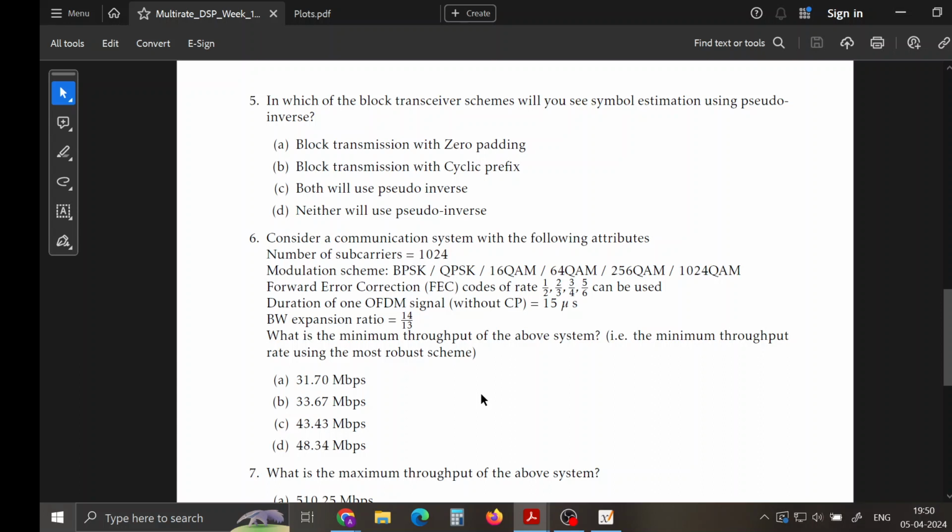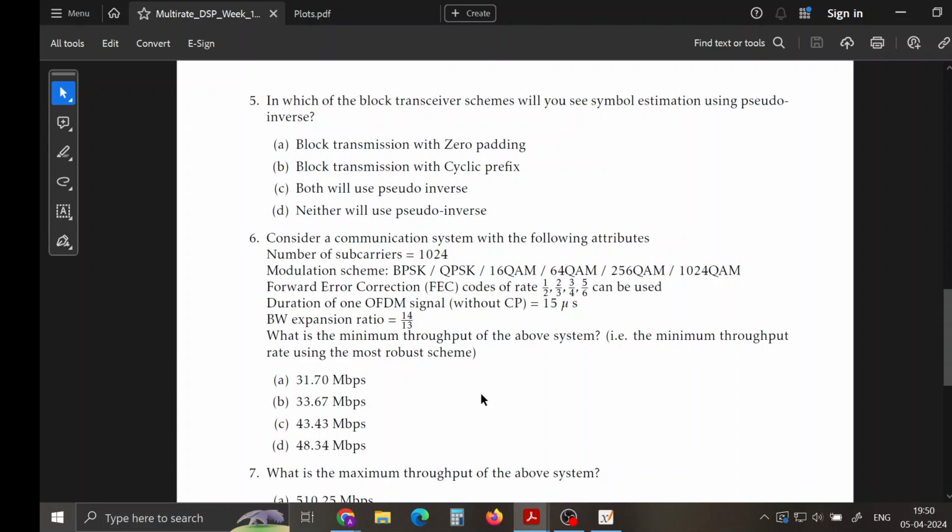I just lost the flow. So we are looking at the symbol error rate; the scheme that is optimum with respect to the symbol error rate. That's what we are looking for. That's why it's more robust, because it minimizes the bit error rate, or the symbol error rate in this case, and gives me the best performance in terms of that.